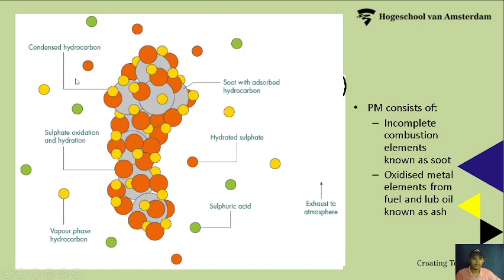These are a combination of soot, hydrocarbon, sulfate, hydrated sulfate, sulfuric acid, and vapor hydrocarbon. All these particulate matters are exhausted to the atmosphere.